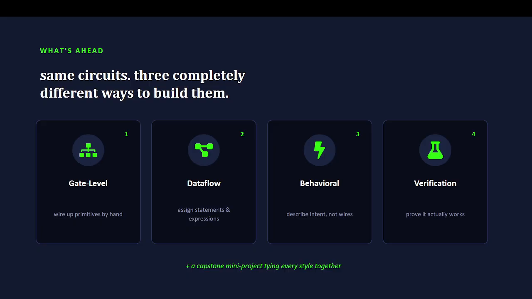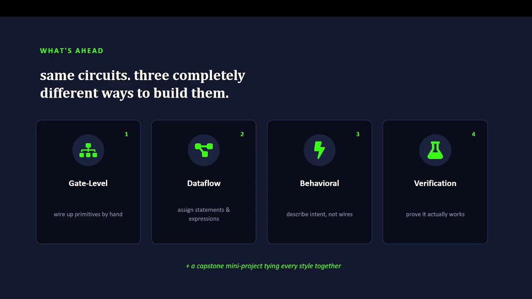So here is where we are headed. We are going to build the exact same circuits, decoders, muxes, flip-flops, counters, three completely different ways: gate level, data flow, behavioral. Think of it like learning to cook the same dish three ways. First, following an exact recipe step by step, then with shortcuts once you know what you are doing, then eventually just knowing I want it spicy and crispy and trusting yourself to make it happen.